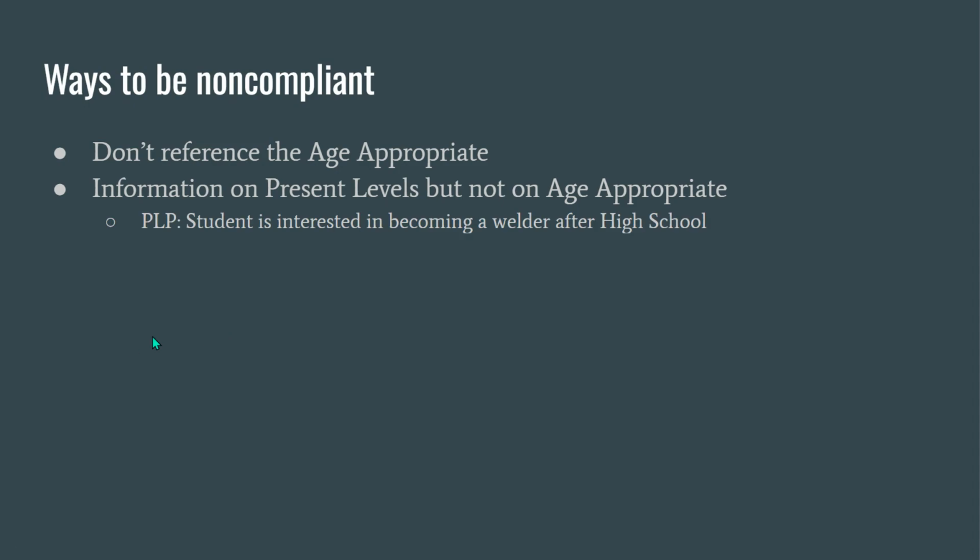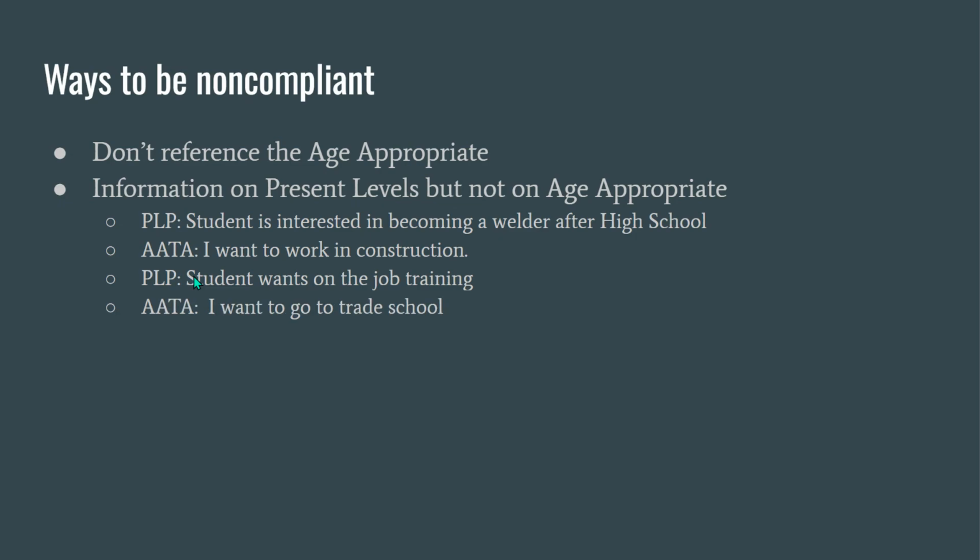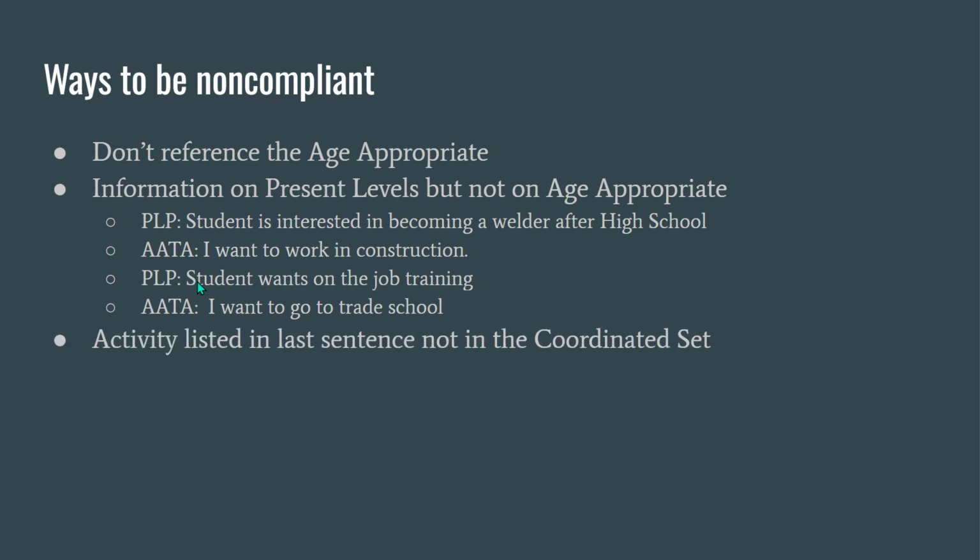Here's one example. If the PLEP statement says interested in becoming a welder after high school, but on the age-appropriate assessment the student wrote, or the teacher wrote for the student, I want to work in construction, that is non-compliant. If the present levels state that the student wants on-the-job training, but it says trade school in the age-appropriate assessment, non-compliant.